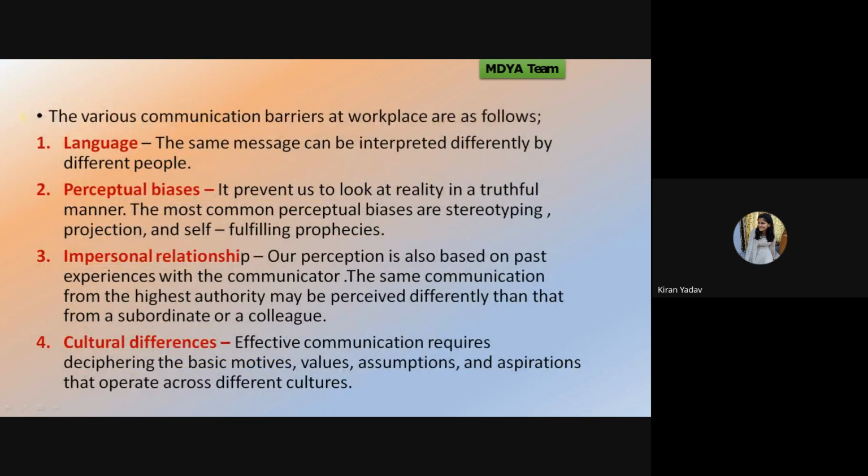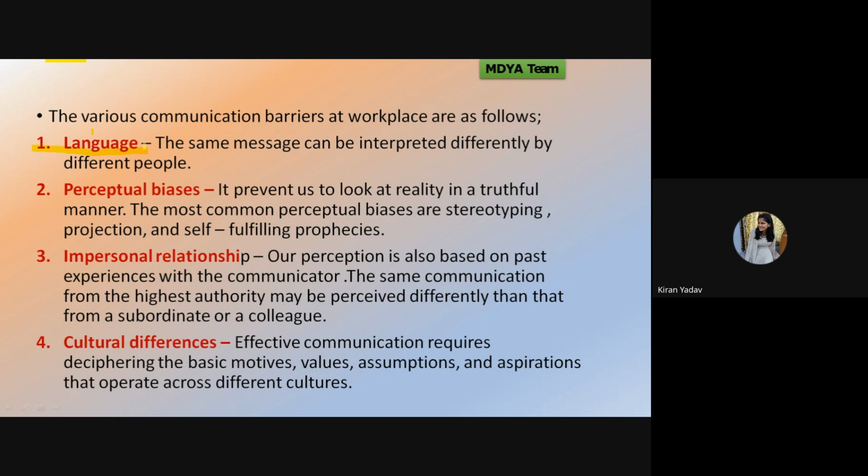Then after this, these are the various communication barriers at workplace. First one is language. How can language be a barrier at workplace? Who will tell? Ma'am, lack of knowledge about the local language. Yes.